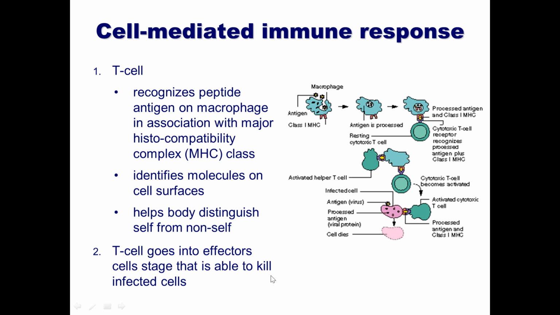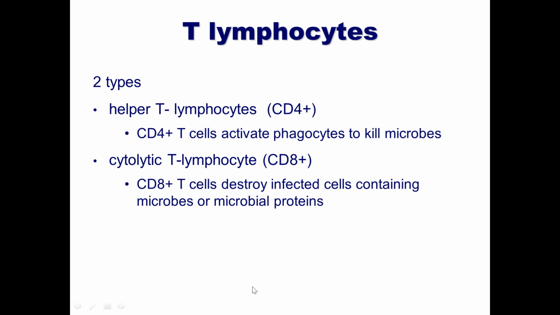The T cell goes into the effector cell stage, which is able to kill infected cells. Second, there are two types of T cells, T helper cells and T cytotoxic cells.